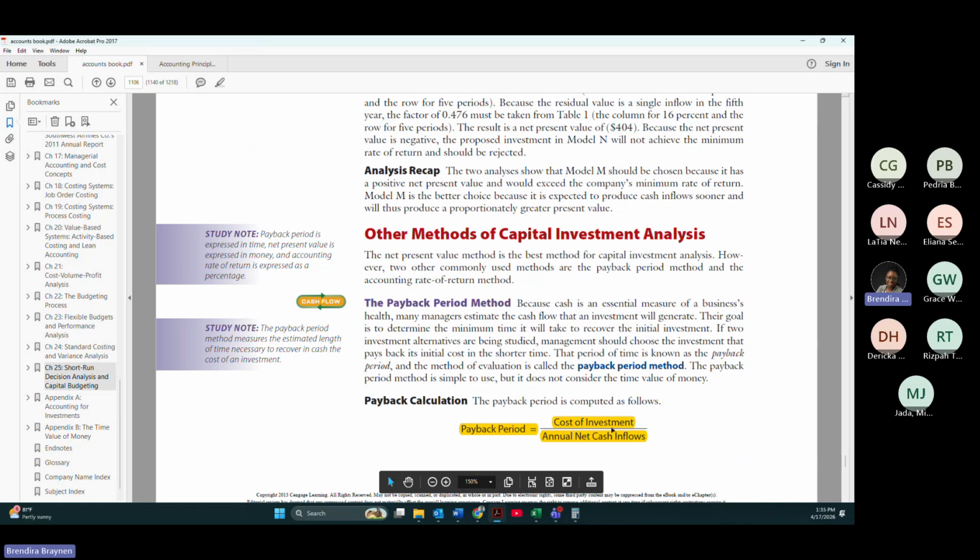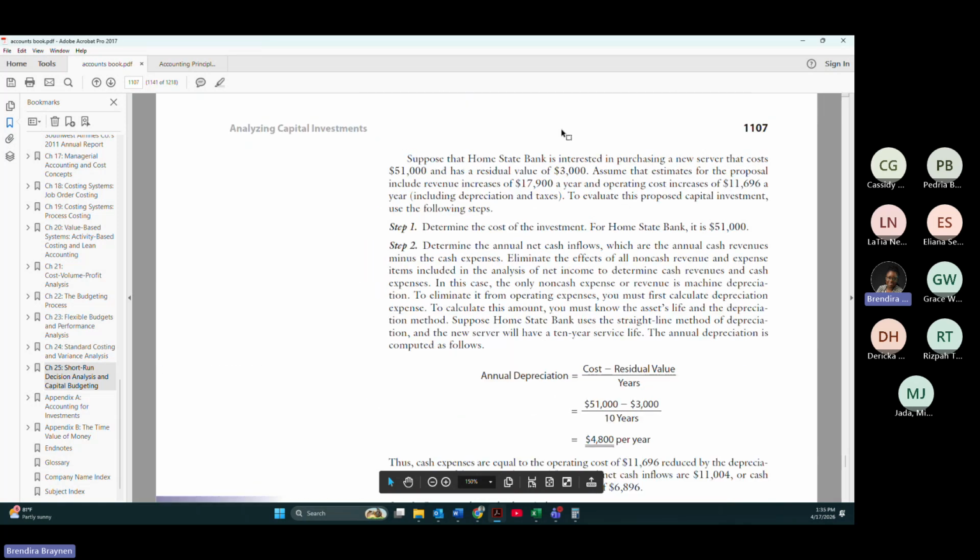And sometimes it's given. Just like it says here, they said, assume the estimates for the proposal include revenue increases of 17, operating cost increases of 11. We know revenue minus expenses gives you net income. But we have to figure out how much depreciation is included in this, because they told us it includes depreciation and taxes, and it should not include depreciation.